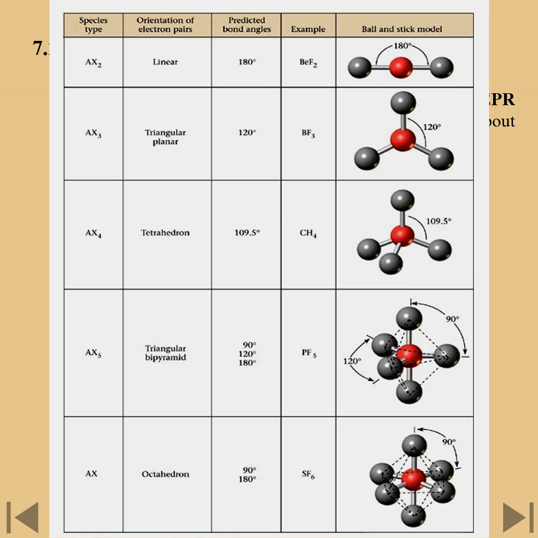Now, I did say that these could be regions of electrons, and I didn't really distinguish a difference between that and a bond to an atom. If we add a lone pair of electrons, it's still going to take up as much room as a bonded pair. To be honest with you, it actually takes up a little bit more. So if we looked at AX4, and let's just take one of those atoms off. So let's look at that atom on the top and replace it with a non-bonding pair.